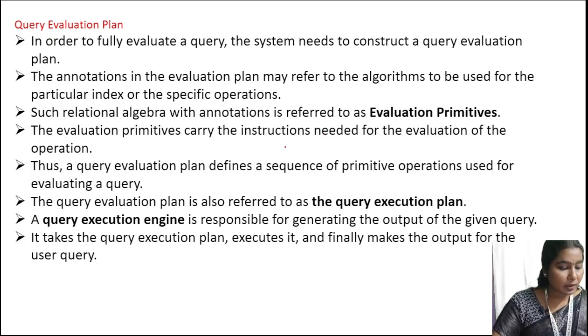For example, we already saw the operation sigma salary greater than 10,000 on the employee table. Here the evaluation primitive uses the syntax scan on salary column to filter the rows. And the evaluation plan is also called what? Query execution plan, and it tells the database how to execute the operations to get the result.